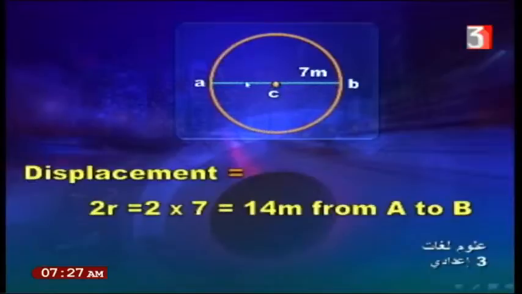So when an object covers half of a circumference, the displacement equals double the radius, or the diameter. So 2 times r, or 2 times 7, equals 14 meters from A to B, or from start point to end point.